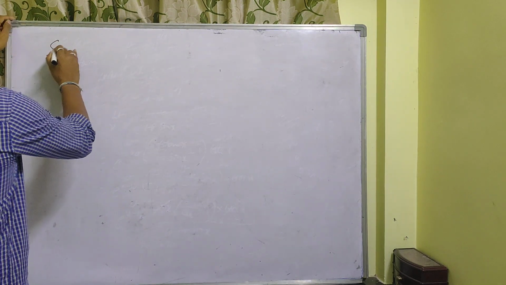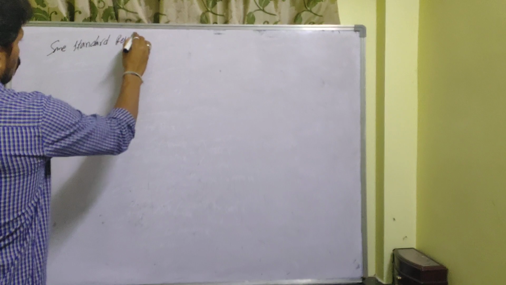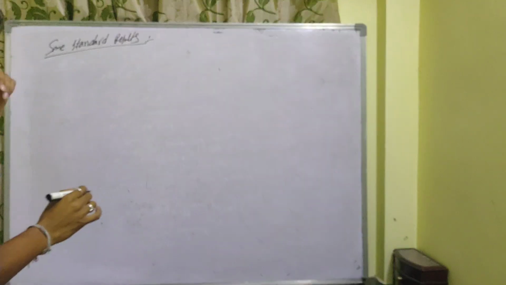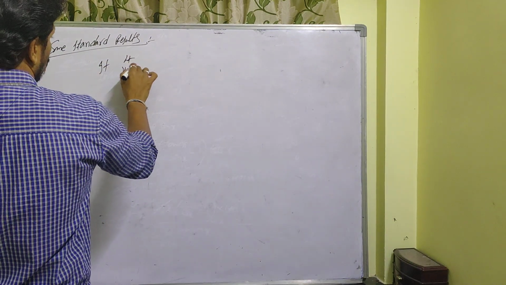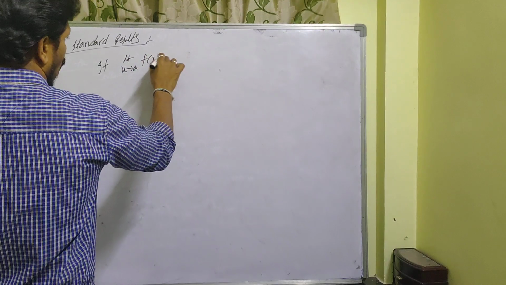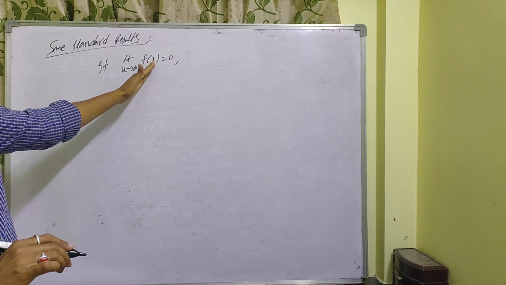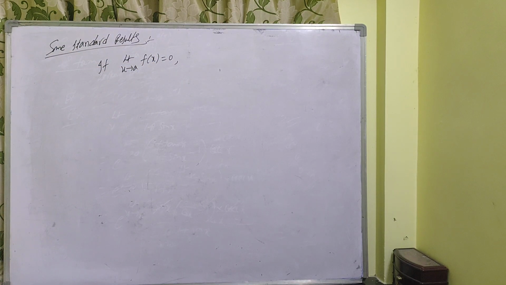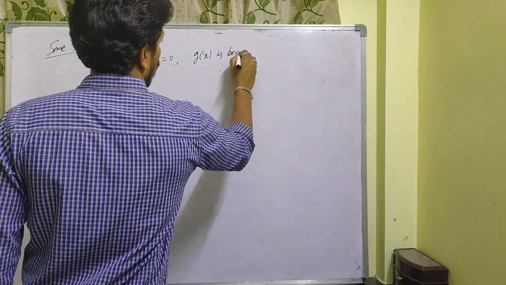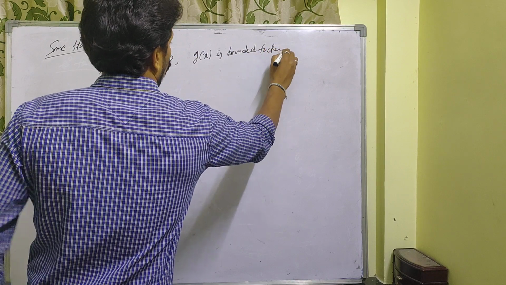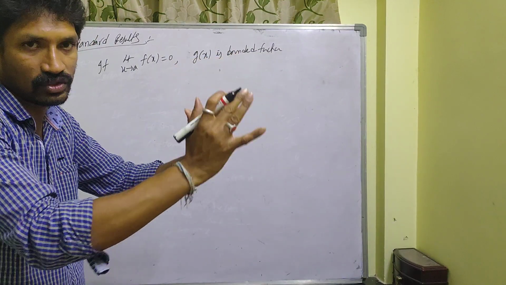So some standard results. See here, if limit x tends to a, f of x is equal to 0, when you apply a limit for this function it is 0, and another function g of x is a bounded function. Bounded means whatever the value of x, that function always lies between particular values only.